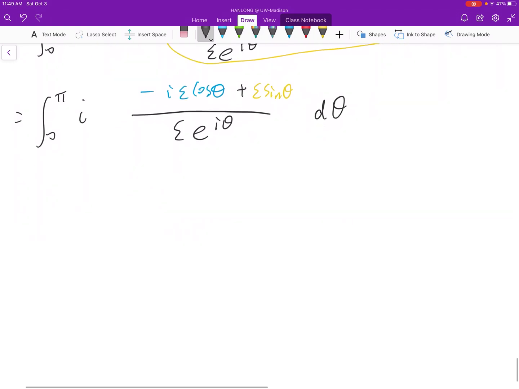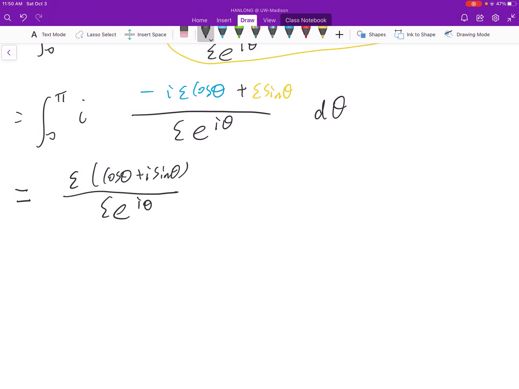And then you simplify, what do you have? You times I on both sides, I with the numerator, you have epsilon cosine theta plus I sine theta divided by epsilon exponential I theta. Okay, so here I omit capital O epsilon square.